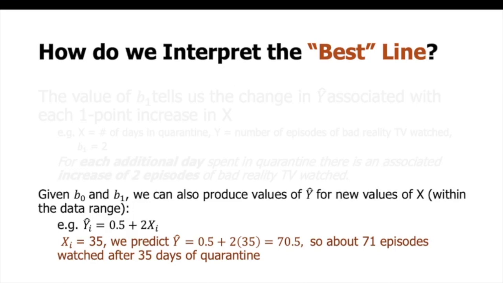We can actually just fill in the value. So we have 0.5 plus 2 times whatever the x value is that we're at, so in this case, 35. When we actually do the math there, it equals 70.5. So about 71 episodes have been watched after 35 days of quarantine.